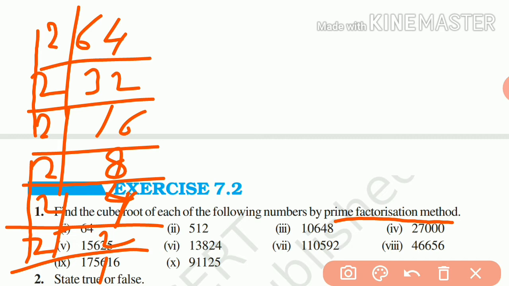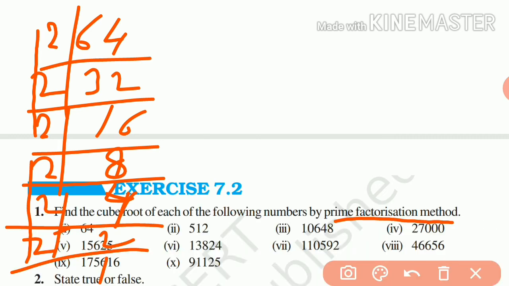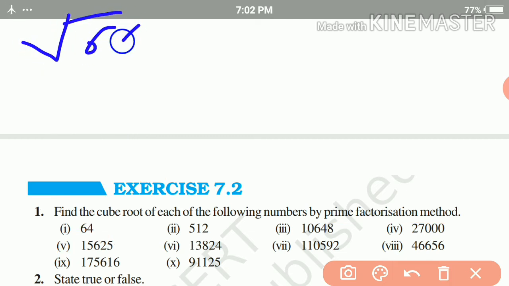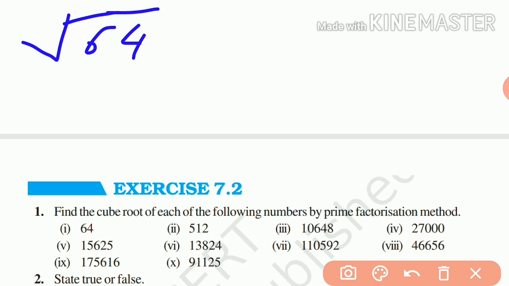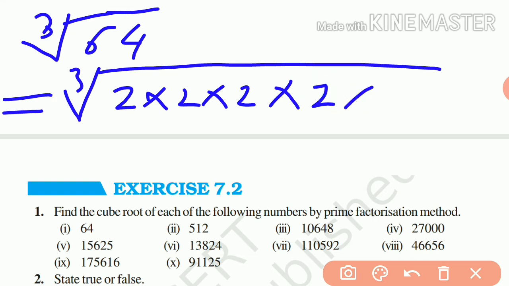So we can write the cube root of 64 in the form of prime factors. This is the notation of the cube root, and 64 can be written as 2 into 2 into 2 into 2 into 2 into 2, six times.